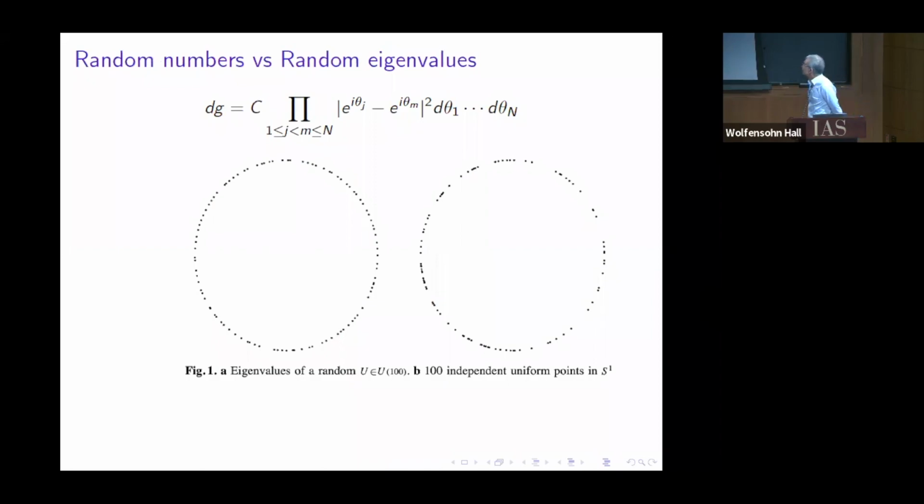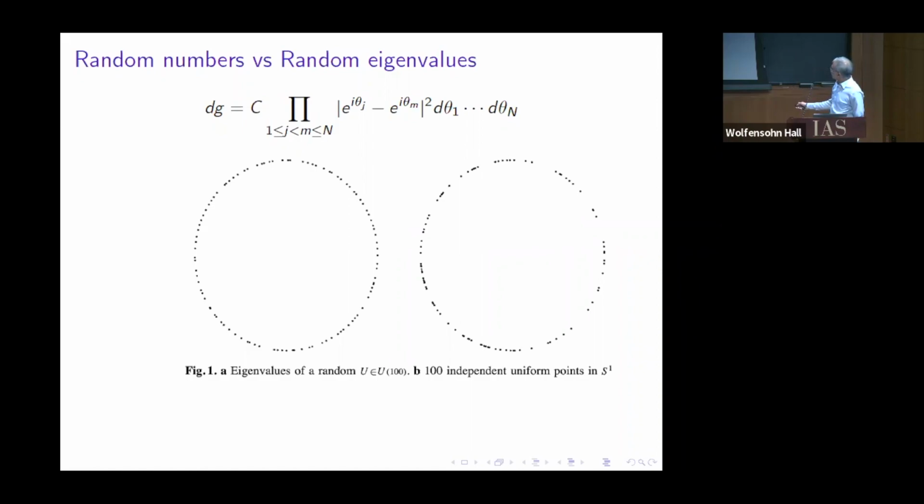To get a sense of the difference between random numbers and random eigenvalues, here's a picture from a paper of Eric Rains. So the measure has this factor which likes to make the angles differ from each other. If the angles are very close to each other, the measure is very small. So random matrices like to have all their eigenvalues spaced away from each other.